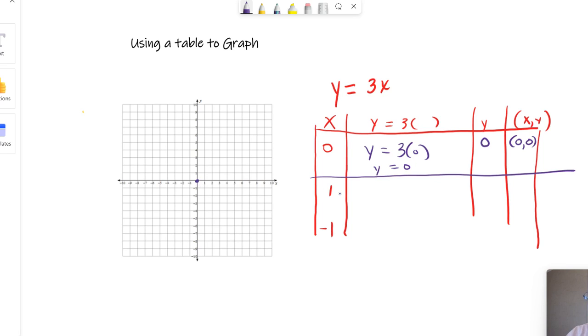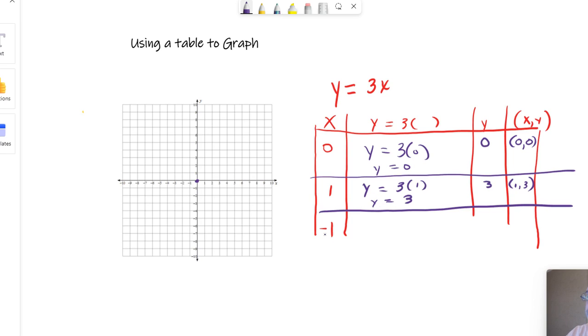Okay, so the next one, putting in 1, same thing. I'm plugging in 1. y equals 3 times 1. I'm going to solve that. y equals 3 times 1 is 3. So that gives me a y value of 3, which gives me an ordered pair of 1, 3. So that's point 2.